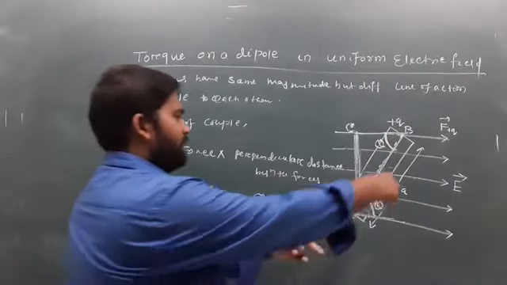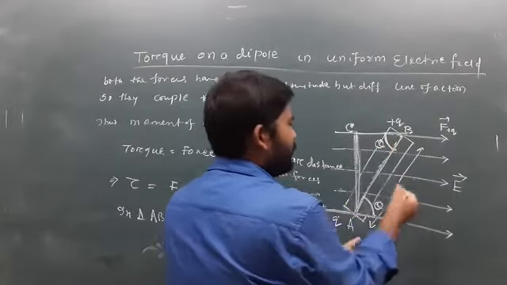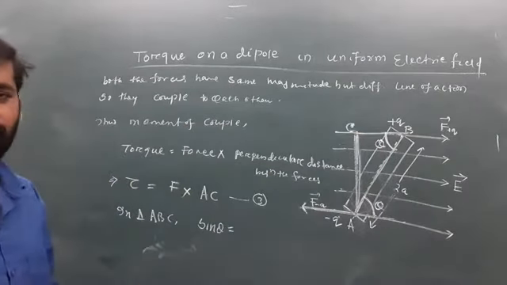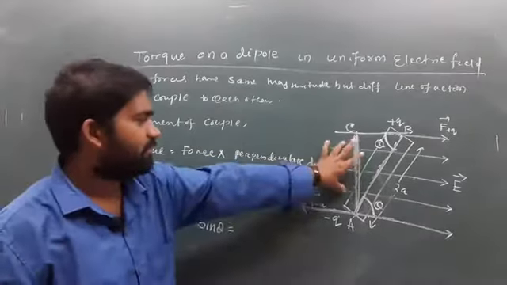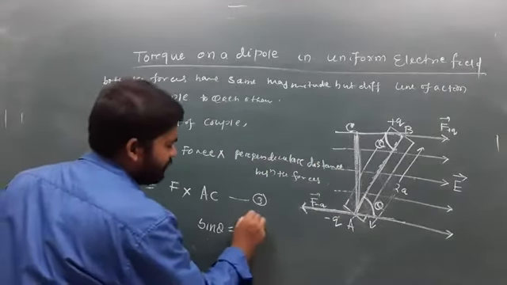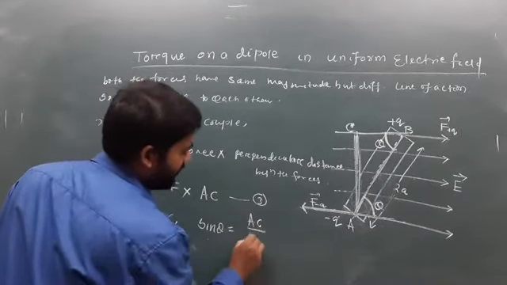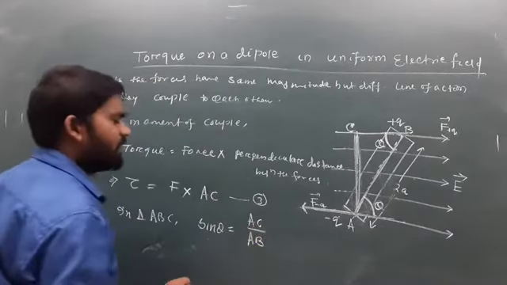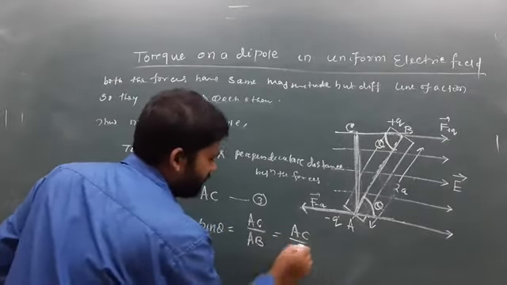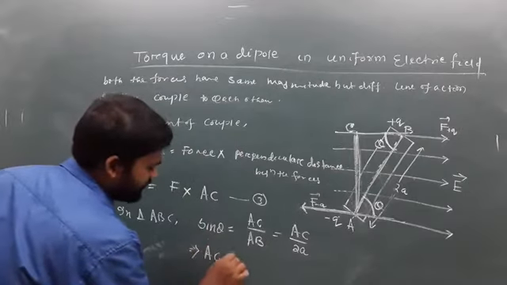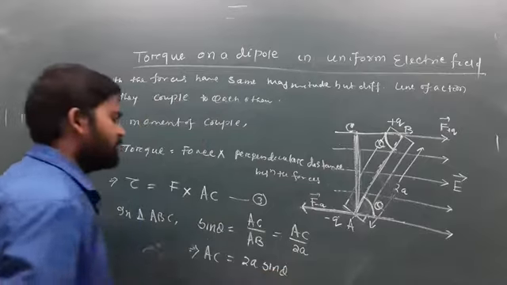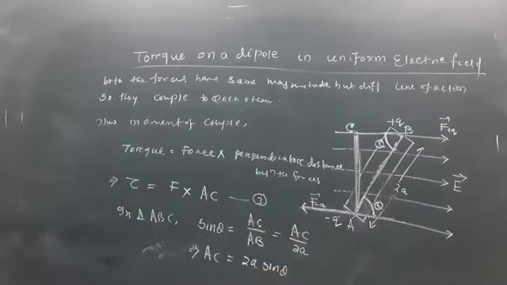Because we know AB, which equals 2A, and we want to measure AC. AB is given, AC is to be determined, so I take sin theta. Sin theta will be AC divided by AB, that is AC divided by 2A. So AC equals 2A sin theta.